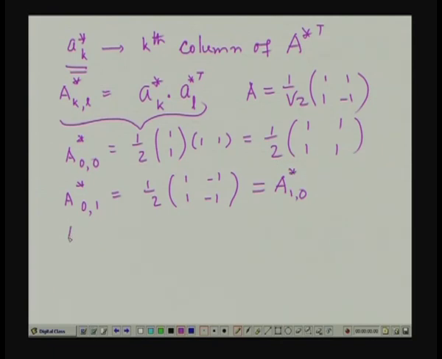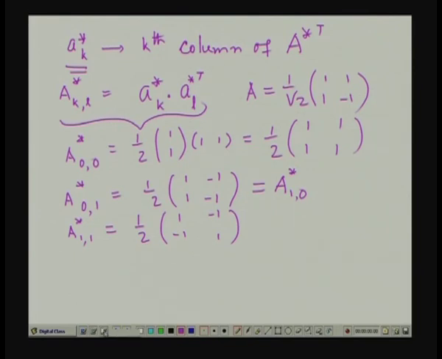Similarly, A 1 1, the 1 1th basis image, will come out to be half into 1, minus 1, minus 1, 1. So, simply by matrix multiplication operations, we can compute these basis images from the columns of A conjugate transpose.